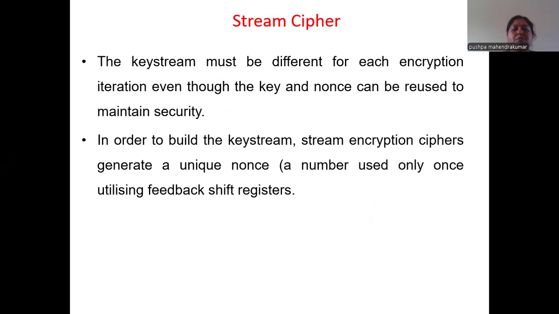The key stream must be different for each encryption iteration, even though the key and nonce can be reused, and this also maintains security. In order to build the key stream, stream encryption ciphers generate a unique nonce. A nonce here is a number used only once, to utilize the feedback in the shift register.